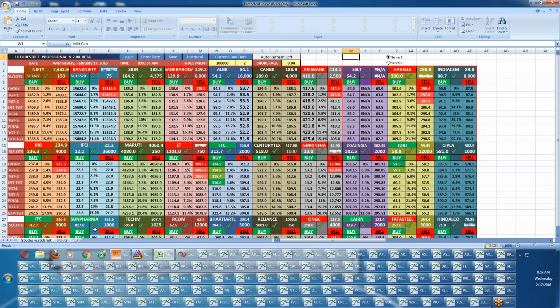So let's have a look at SGX Nifty. It seems to be a gap up open today.